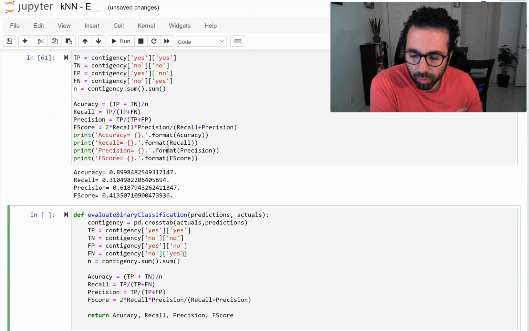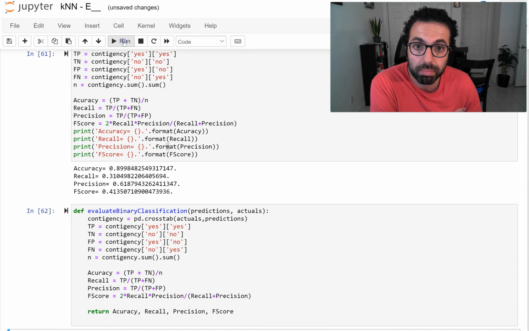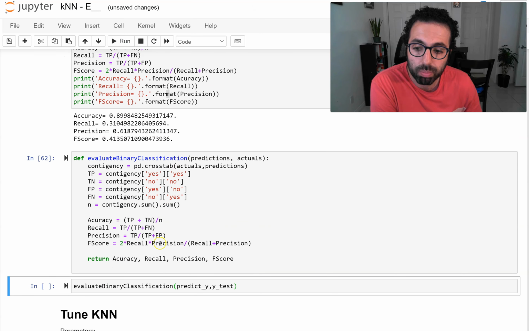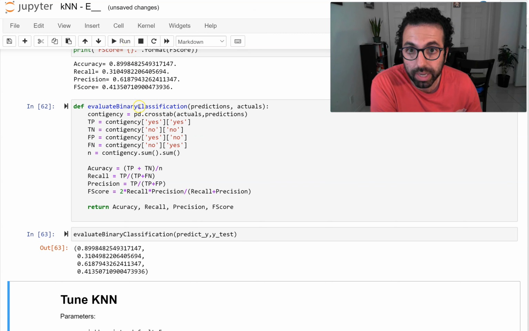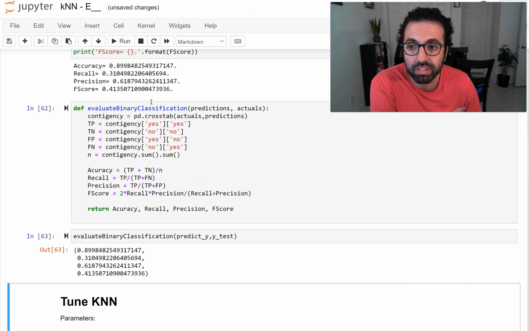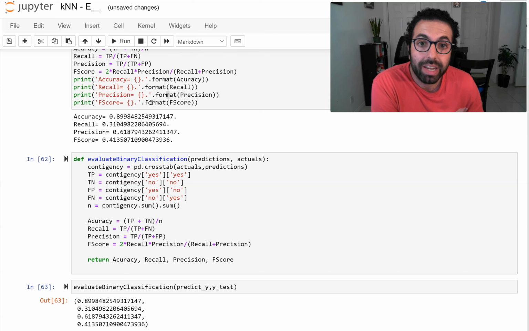So now here we create a function to keep evaluating the metrics, because the next step is going to be for us to tune KNN. One of the things that I want to point out before moving on is that with any classification or prediction algorithm, you could tune your algorithm based on different metrics.